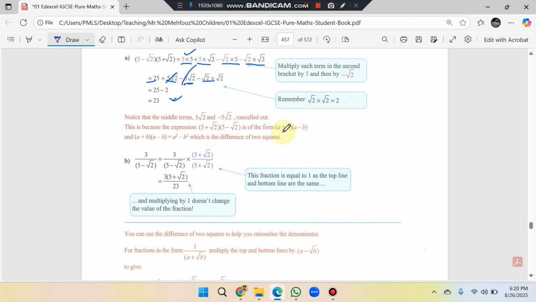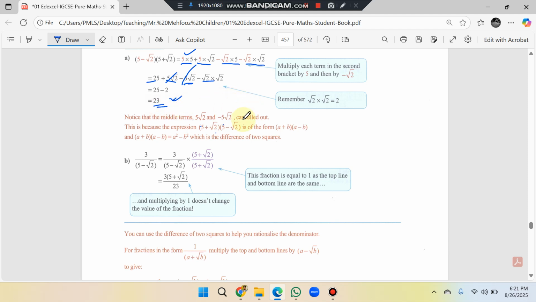So here is also the formula: a plus b multiplied by a minus b equals a squared minus b squared, which is the difference of two squares. So we can simply write 5 squared minus square root of 2 squared, so its answer will also equal 23, right?